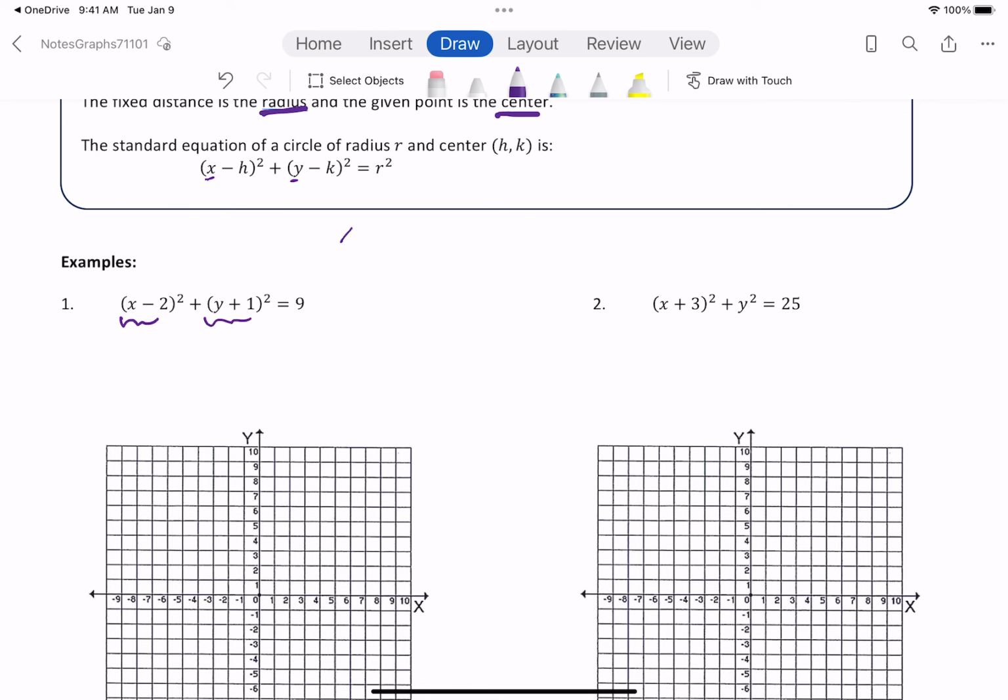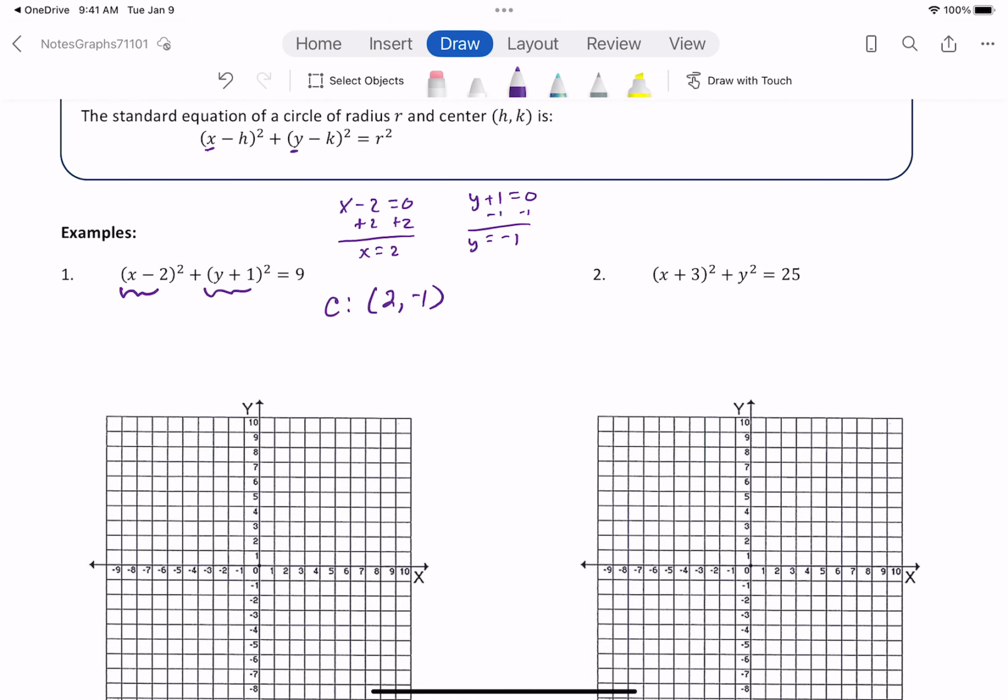If you take the x minus 2 and set it equal to 0, we get x equals 2. And if you take the y plus 1 and set it equal to 0, I get y is equal to negative 1. So my center, ordered pairs are x, y, right? So it's 2, negative 1.